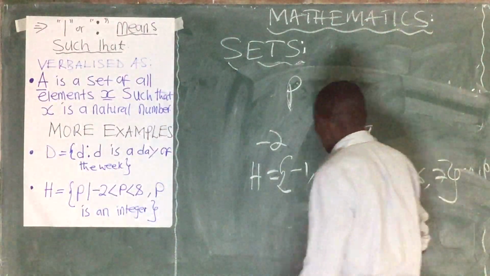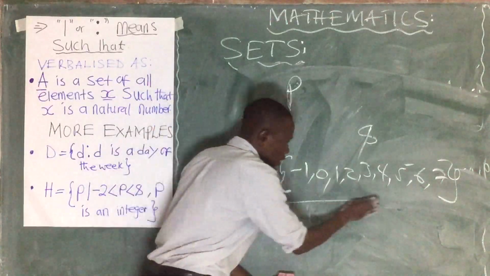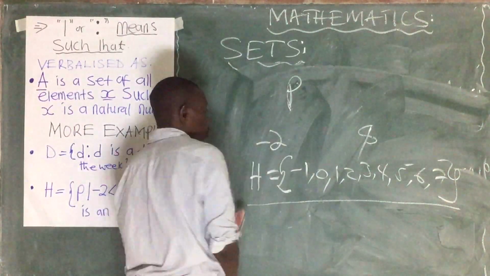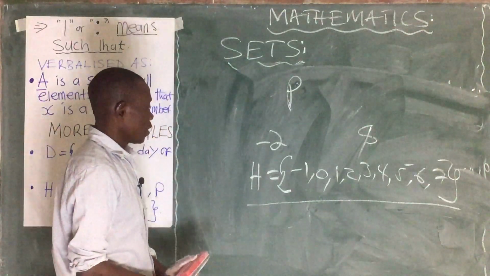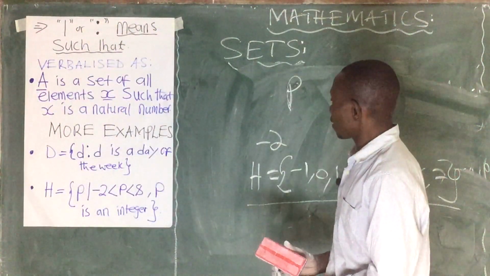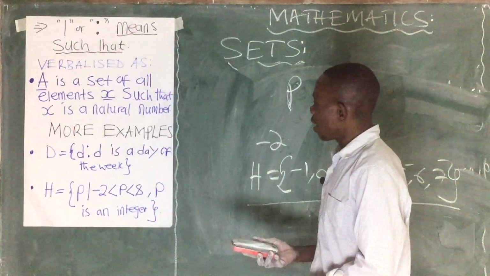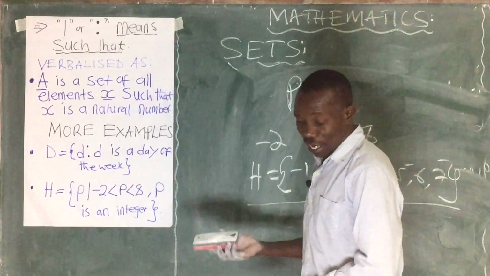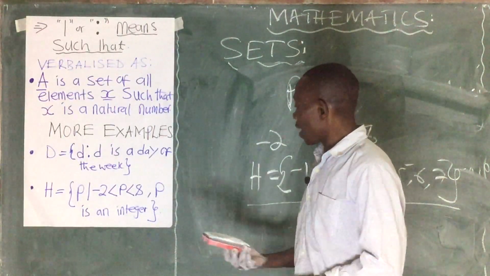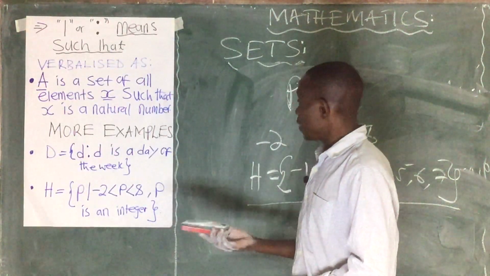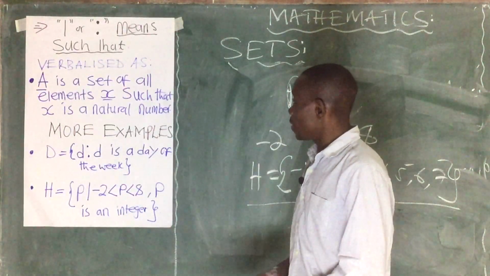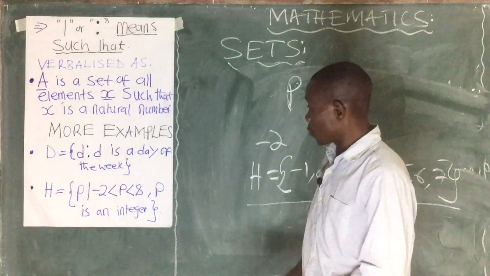So when you look at this presentation and this presentation, they talk of the same thing. At this moment, I'll leave you a small exercise that you can play around with and come up with the list of the elements of a particular set which are presented in the form of a set builder notation.